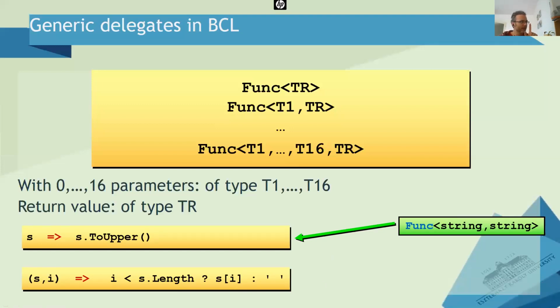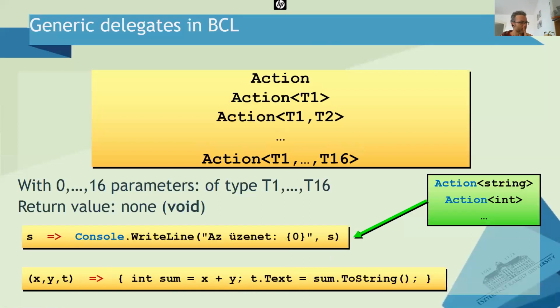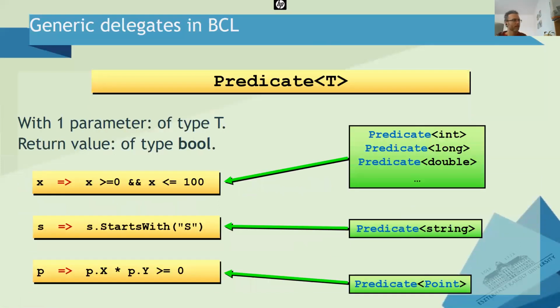Okay, one more slide. This is also an important delegate in the .NET framework. It's called Predicate. Well, you learned about predicates in your logic course in the first semester. A predicate always returns a bool value, true or false.